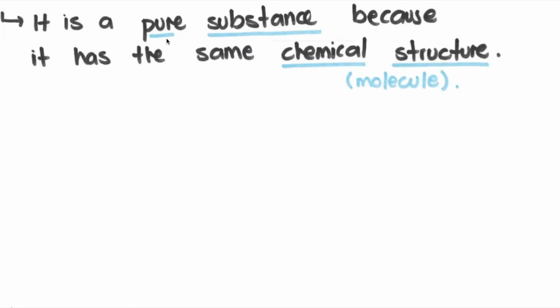It's also considered a pure substance because it has the same chemical structure, a molecule. So before we saw the example of oxygen, where we said we have only one element. In this case, I will have 2 elements, but it also has the same chemical structure.